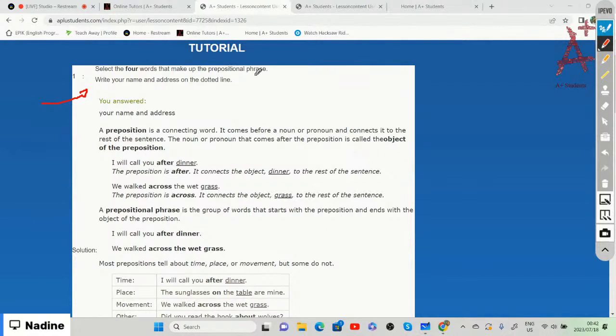It starts with the preposition and ends with the object of the preposition. The preposition is on, which means we start with on the dotted line as our prepositional phrase.